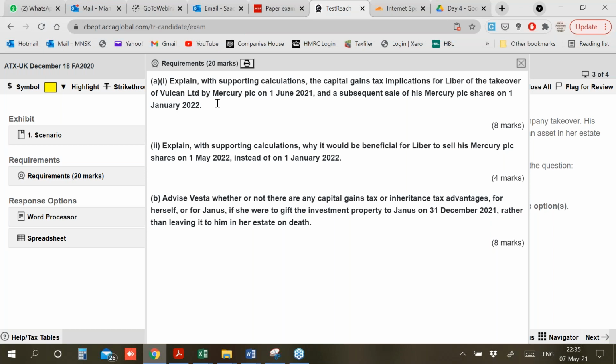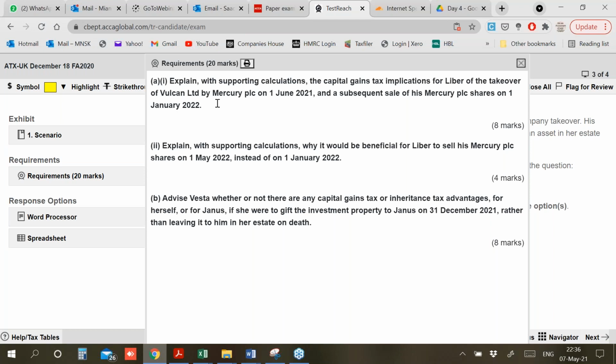There is a chance that some losses may be available in the future against which you can set off this gain, or there is a chance that today the annual exemption is not available, however in future it is available. So these are the key points that decide whether we should delay the transaction or keep it as it is.